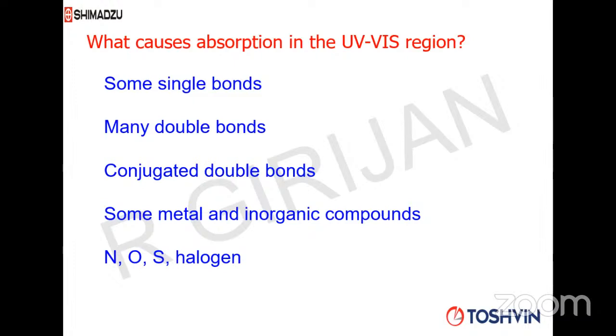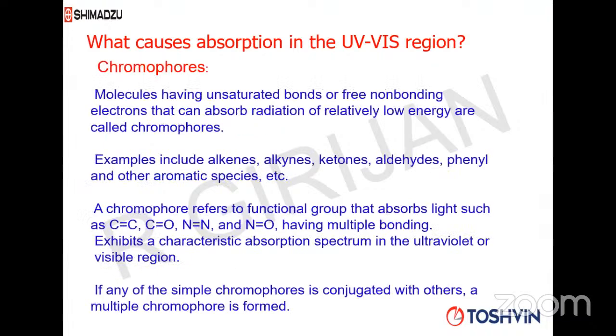A simple example is benzene, a 6-membered conjugated aromatic system, highly UV absorbing, with lambda max approximately around 254 nanometer. Also some metal and inorganic compounds, and nitrogen, oxygen, sulfur, halogen containing compounds. So these are the types of samples which can absorb UV radiation.